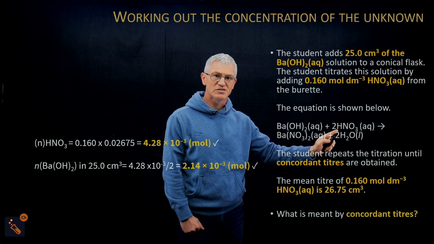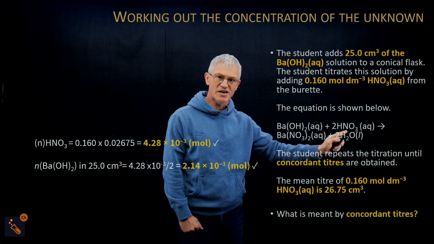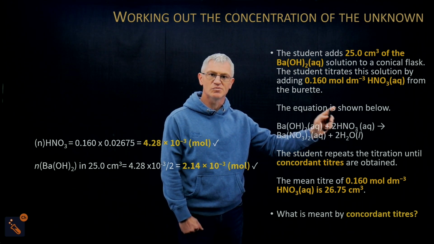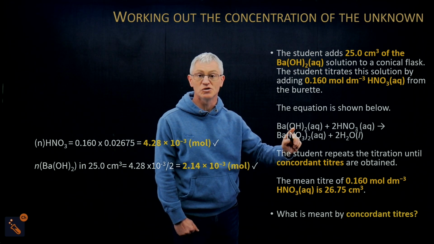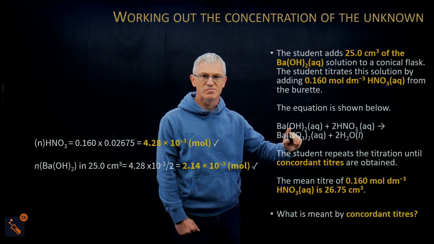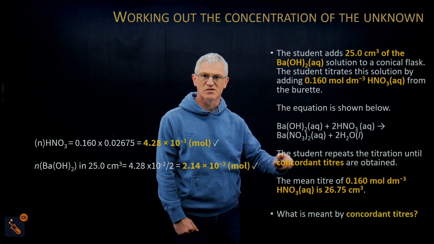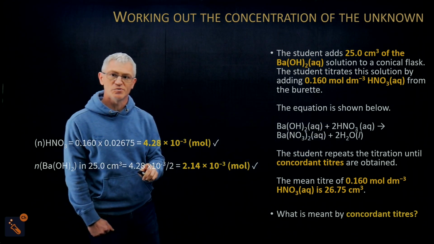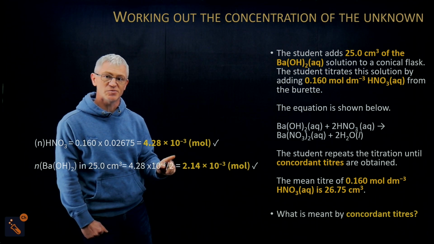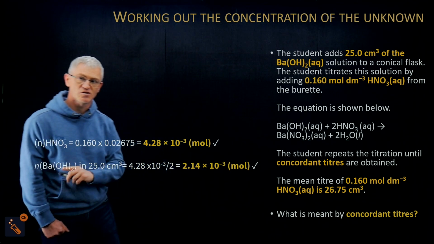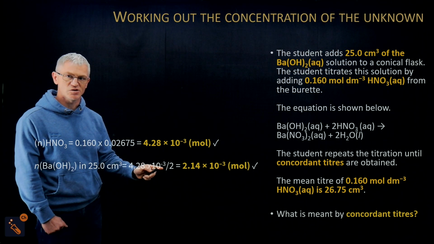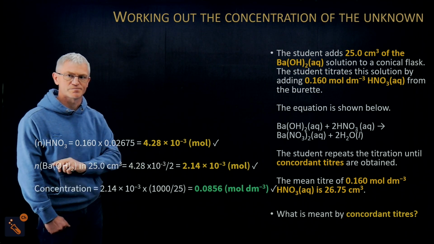For every mole of HNO3 we use half as much of the barium hydroxide. So if we've got 2 moles of this, we'll have 1 of this. So 4.28 times 10 to the minus 3 divided by 2 will give us our number of moles of the barium hydroxide. So that's why we divide by 2.